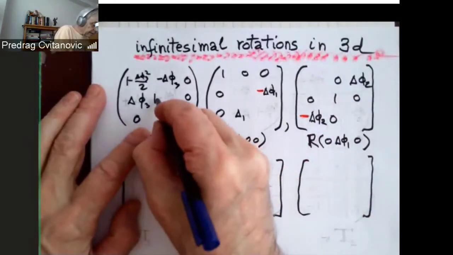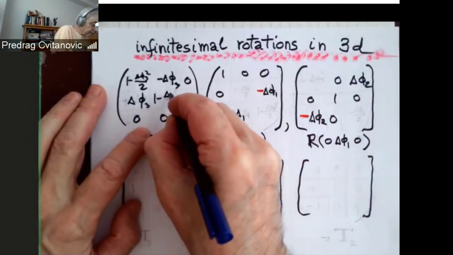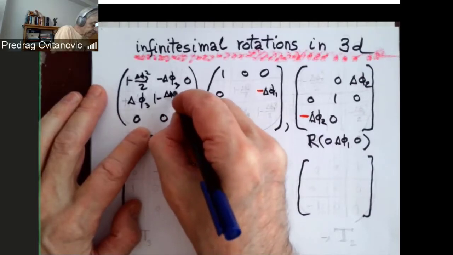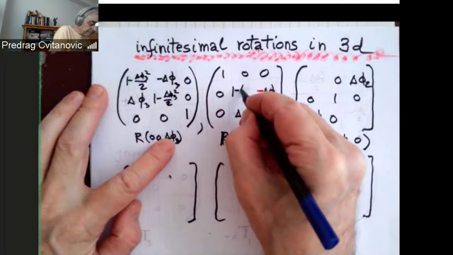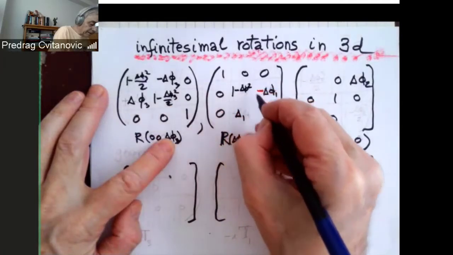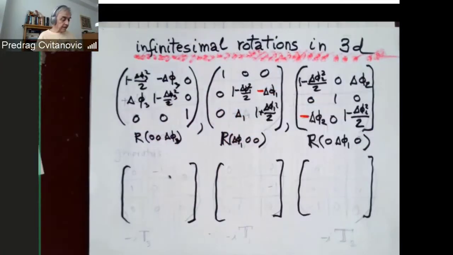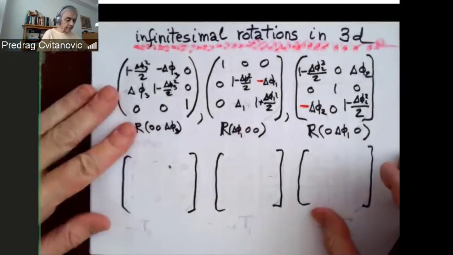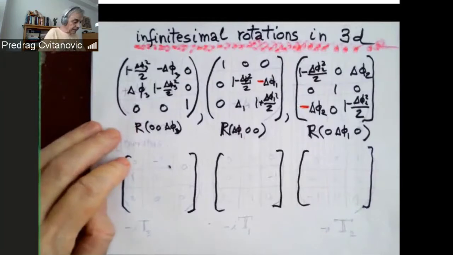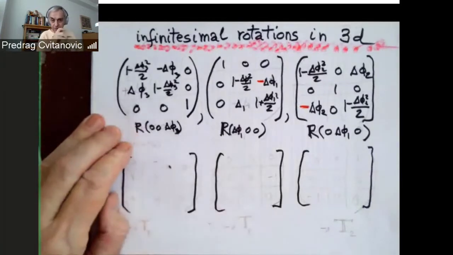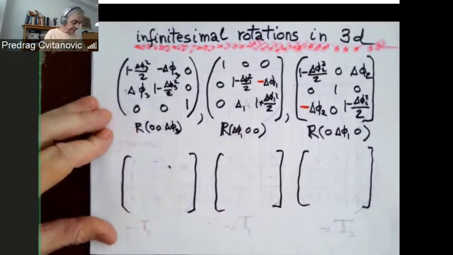So if I keep the second order here, then I get cosine terms here. So that's what infinitesimal rotations look like if you keep the first 2 orders in the expansion. For the sine, the next term is cubic, so that's what we get.